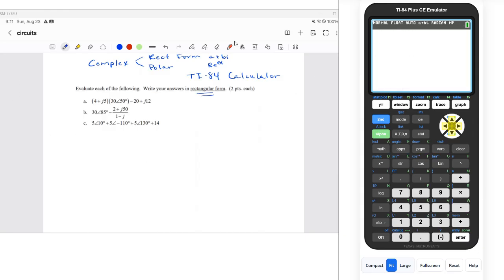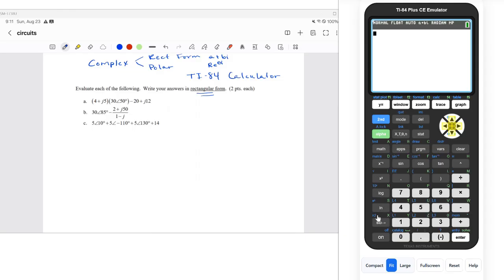And our shortcut is that we are going to store in a variable e raised to the I pi over 180. So this is going to work as a conversion for us and help us with our complex math.